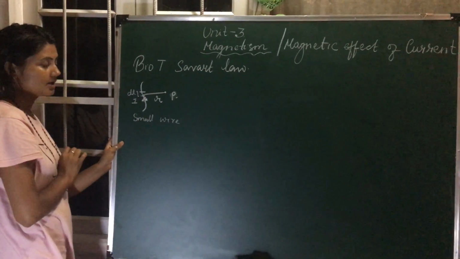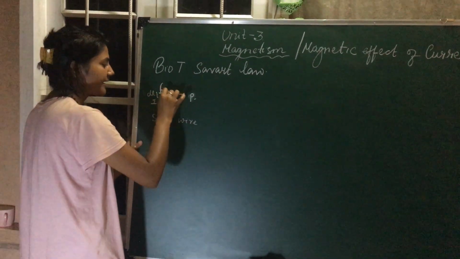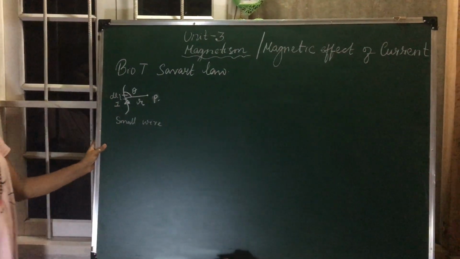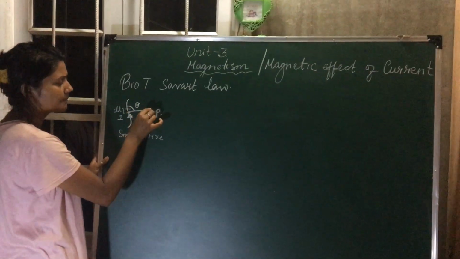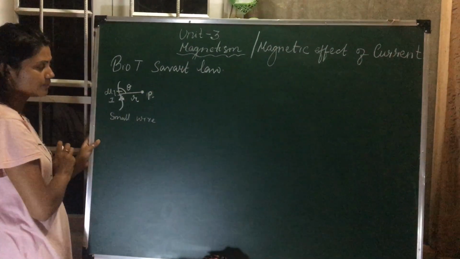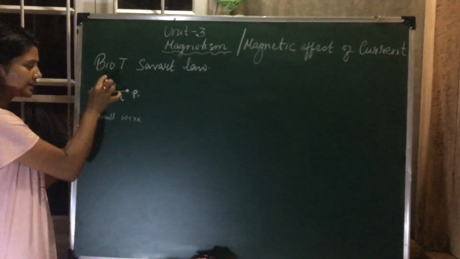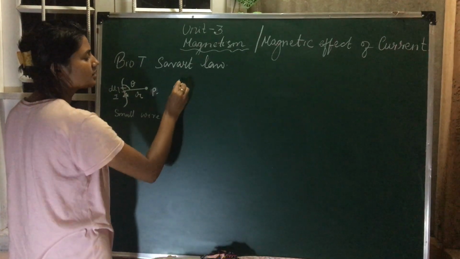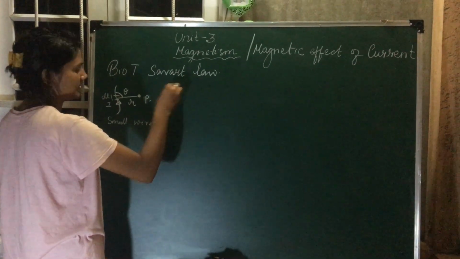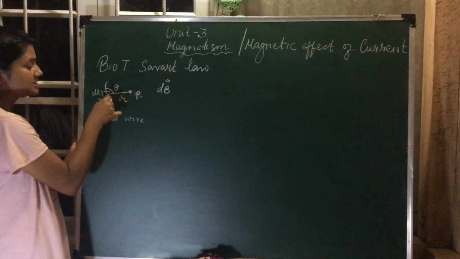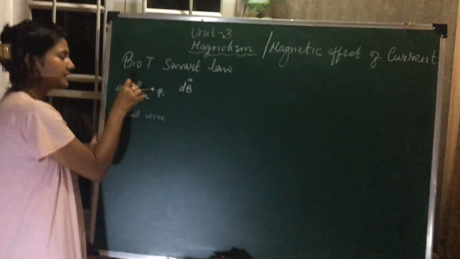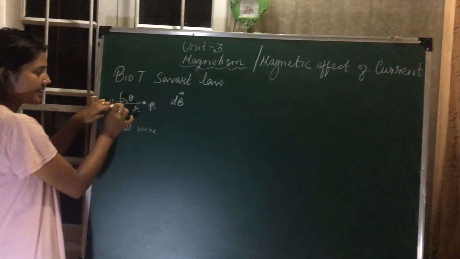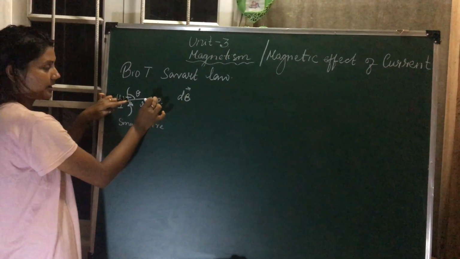Let theta be the angle between dl and r. The small magnetic field at this point P due to the current carrying small length dl is given at the distance r, making an angle theta. The direction of dl is along the direction of current. The direction of r is away at this point.